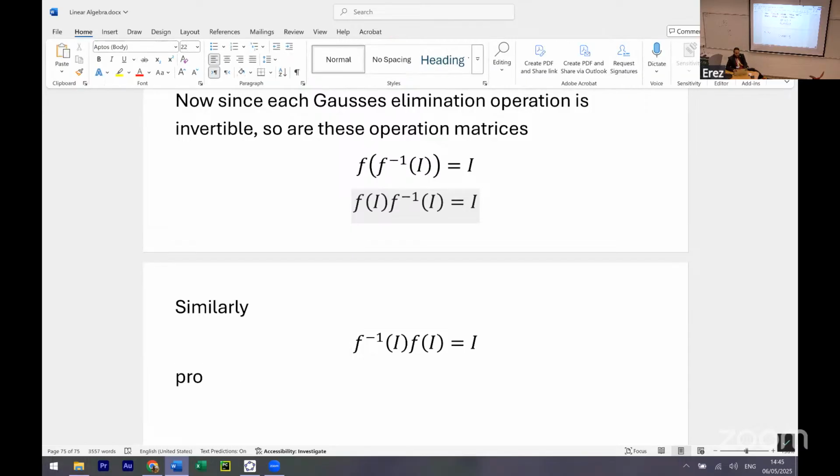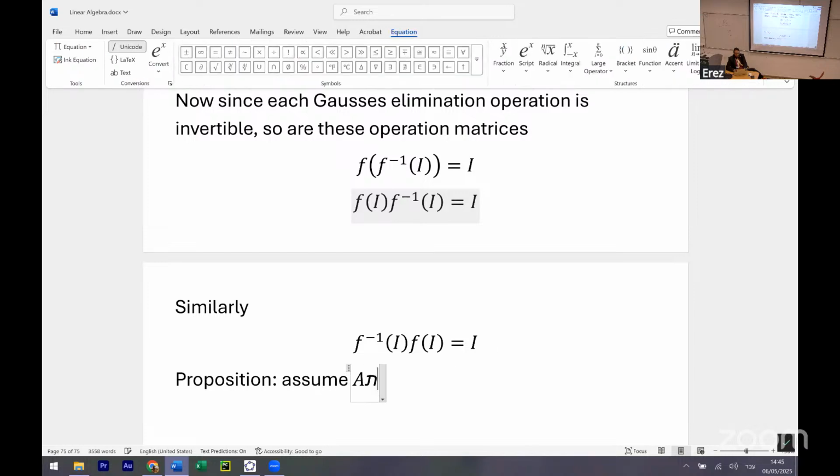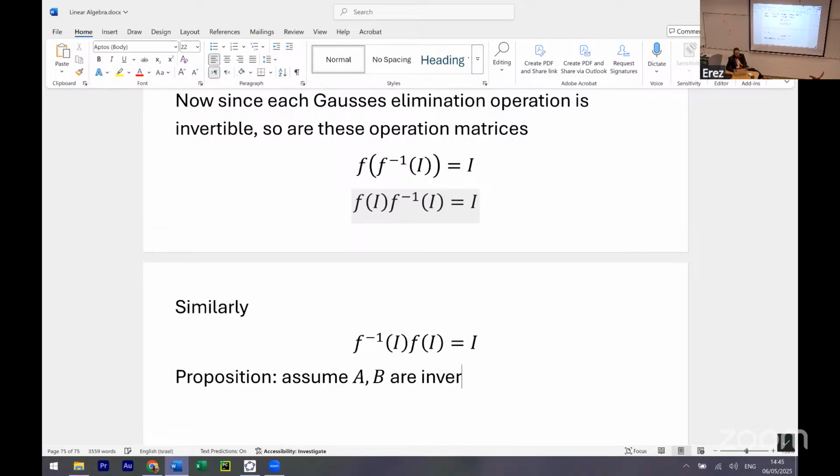Proposition. Assume A and B are invertible, and the product AB is defined, their sizes match.